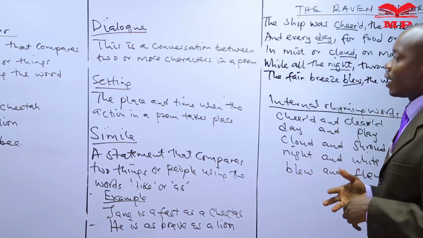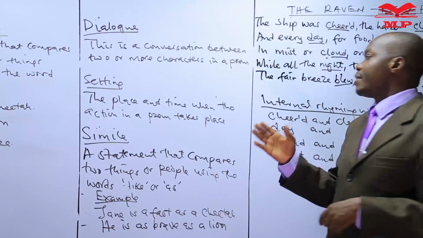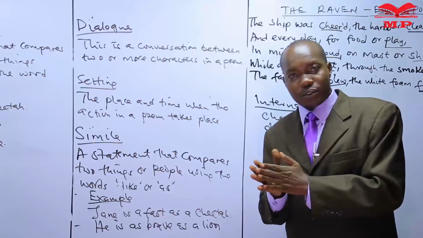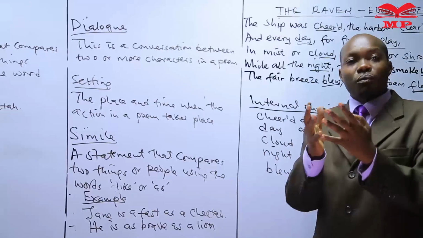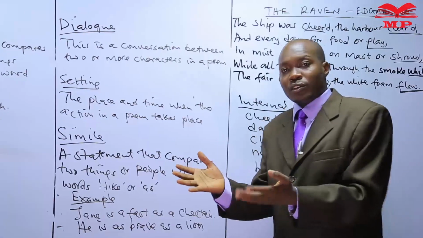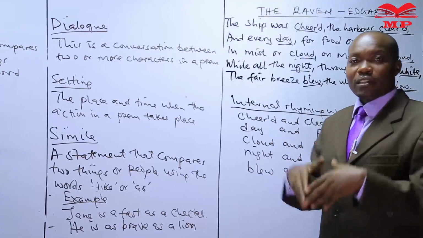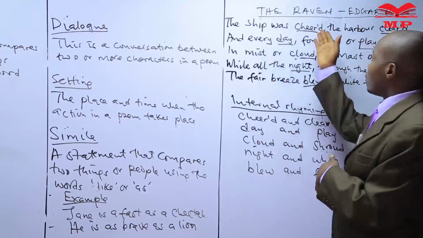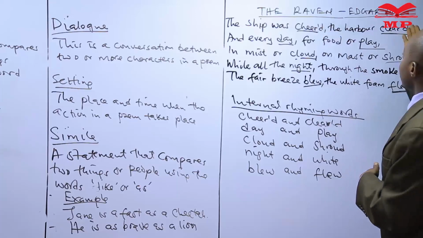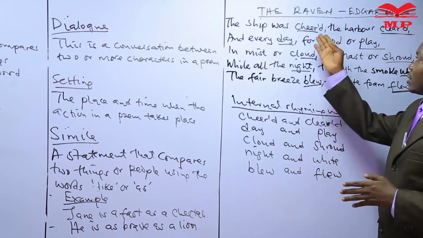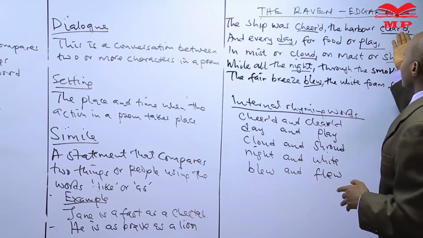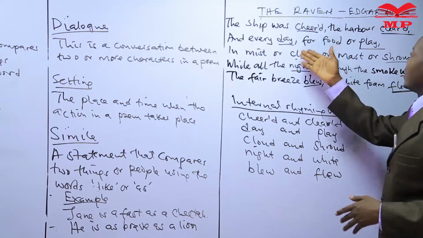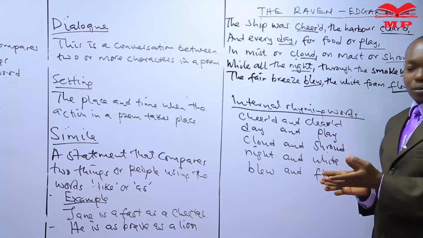End rhyme comes at the end of words, whereby you find that some words are matching. We call that end rhyme. But internal rhyme is whereby we find sounds which are somewhere in the middle of a sentence and at the end of the sentence are matching. These are very good examples: cleared and cheered, and day and play. So we call that internal rhyme.